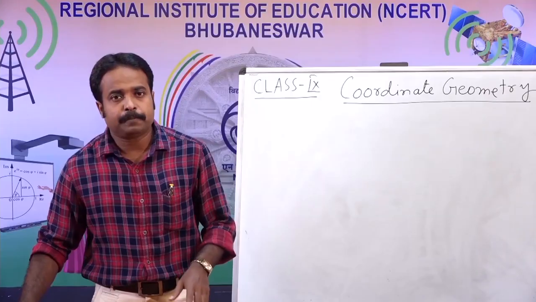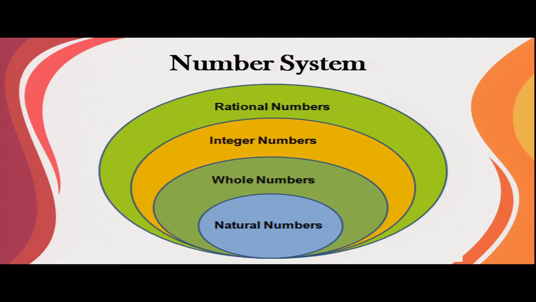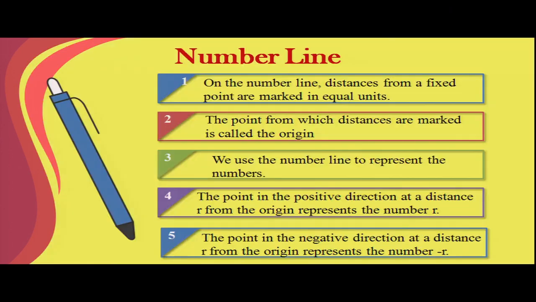So children, you have studied the number line in the chapter on number system. On the number line, distances from a fixed point are marked in equal units positively in one direction and negatively in the other direction. The point from which the distances are marked is called the origin. We use the number line to represent numbers by marking points on a line at equal distance.